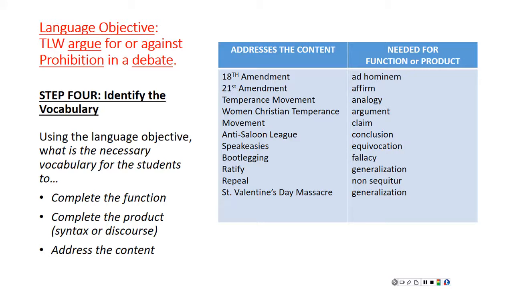If I'm focusing on a debate or argue, then I've got some vocabulary that is needed for them to understand how to take care of the function, argue, and the product, debate. So I have my students think in terms of vocabulary that's going to address the content and vocabulary that's needed for the function or the product.